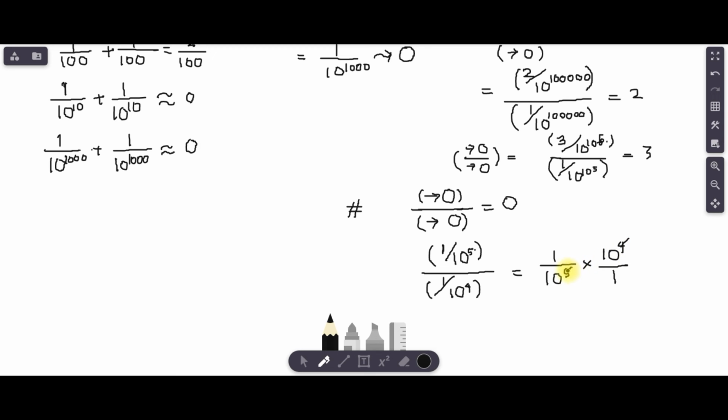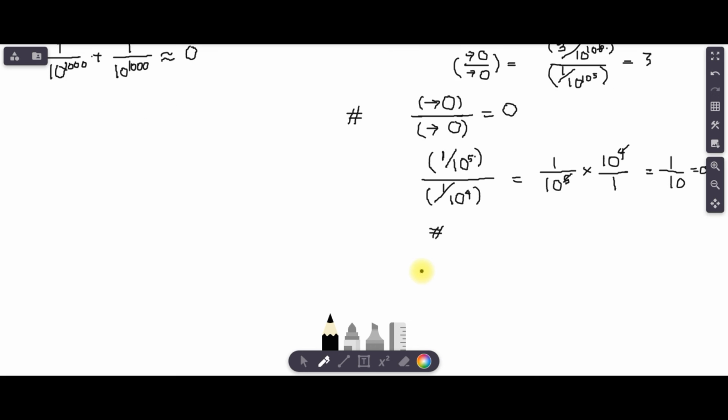So if I cancel it, you get 0.1 by 10. I should have preferred to write 1 by 10, which is 0.1.